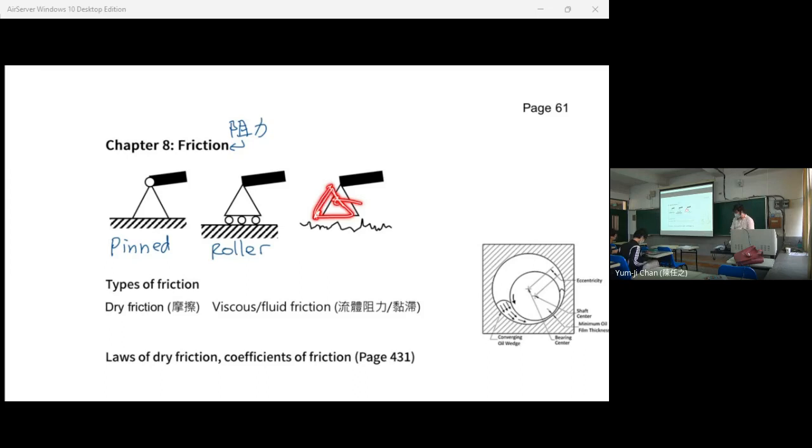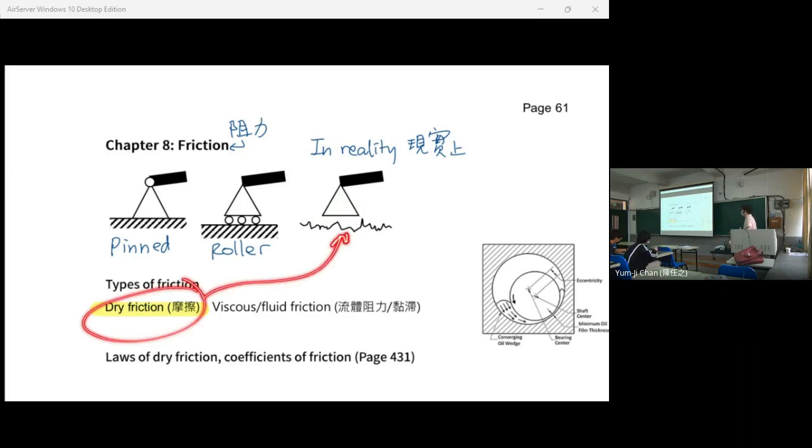So here we have, in reality, usually dry friction between the structure and the floor. So this is called dry friction, 摩擦.